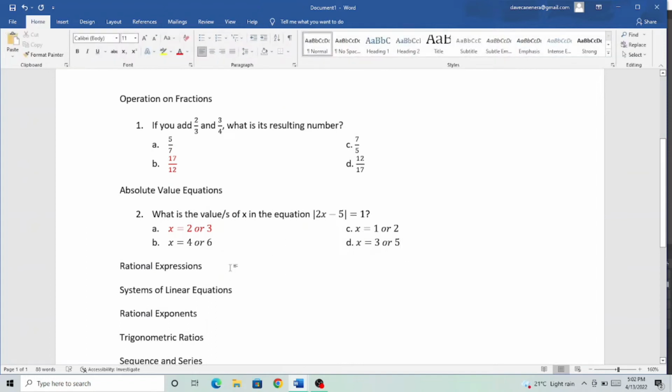For the rational expressions, let's say we'll find the domain of a function. What is the domain of the function?